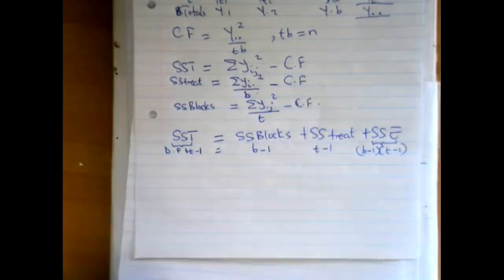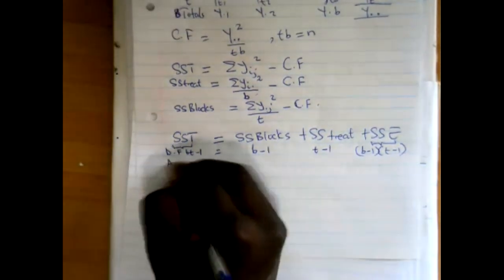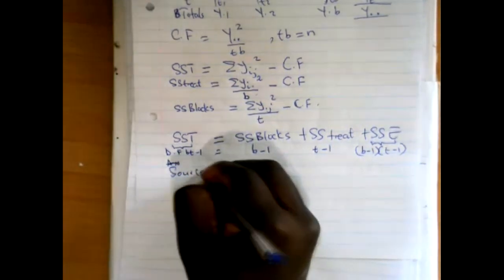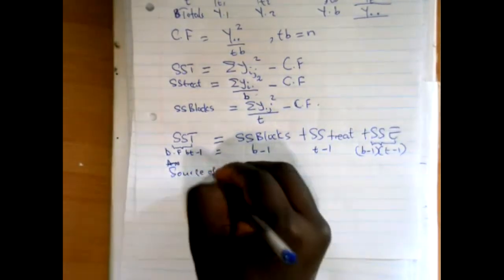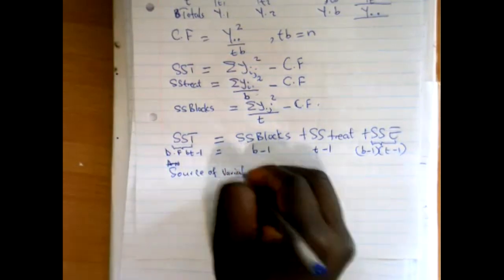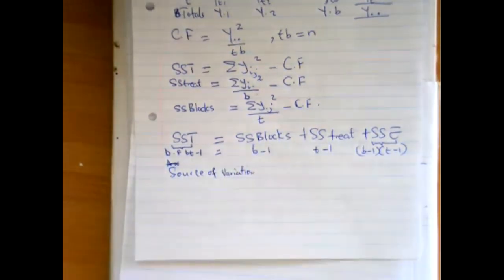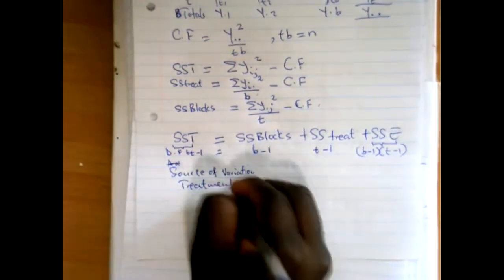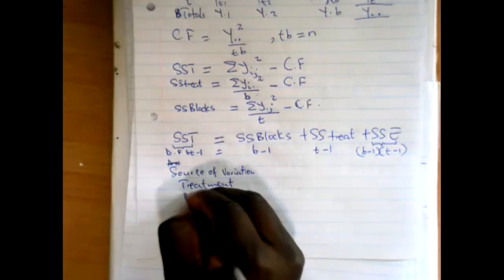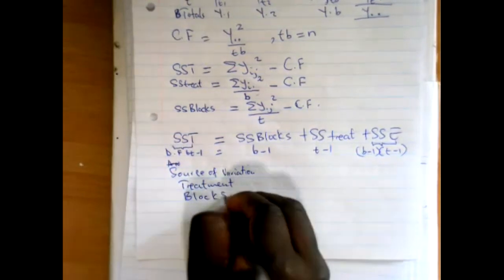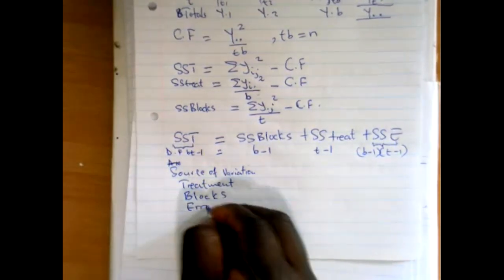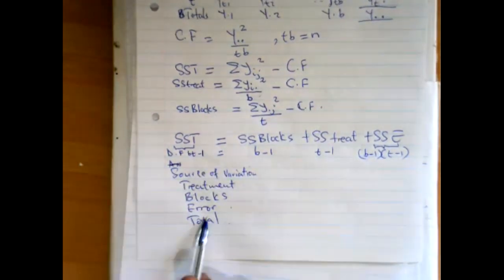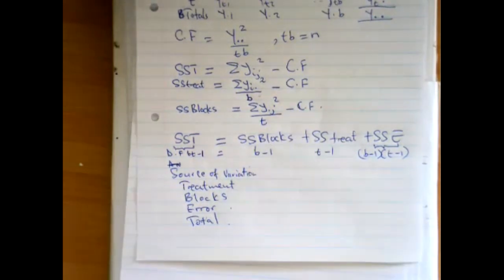So our ANOVA table will have source of variation. The source of variation will be one from treatment, from blocks, error, and then total. This is clear because we can see the total, blocks, treatment, error.